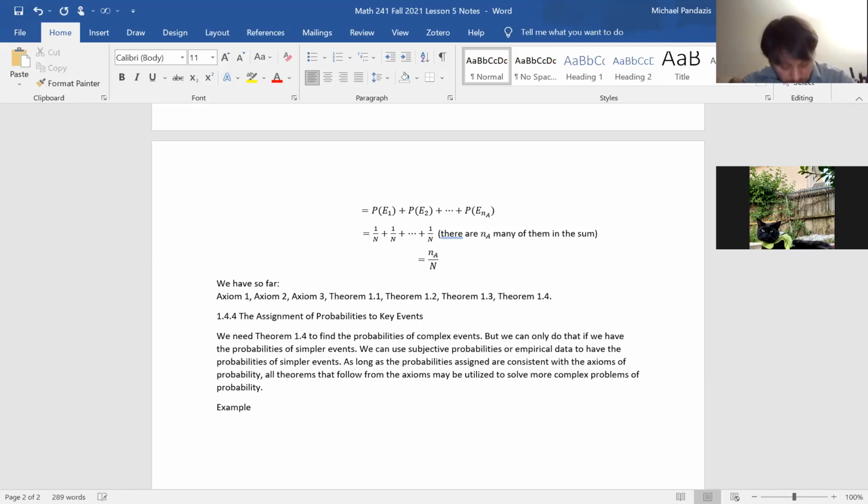Okay, here's another example. So this is example 1.7. Example 1.7 says Helen feels her odds against getting an A in biology are 1 to 3, and the odds against getting an A in calculus are 1 to 4.